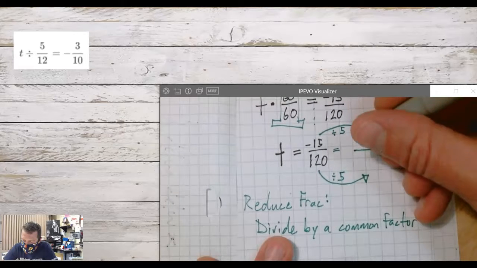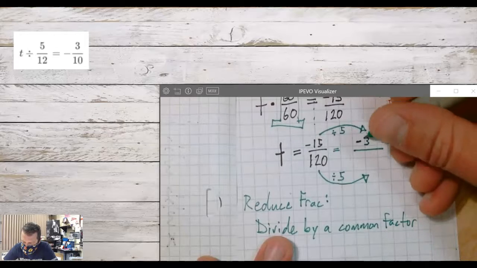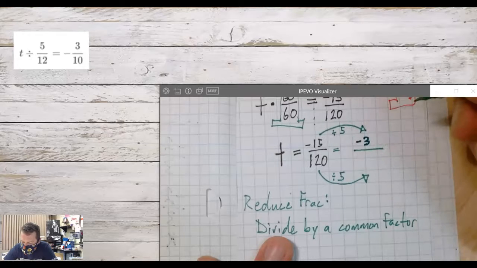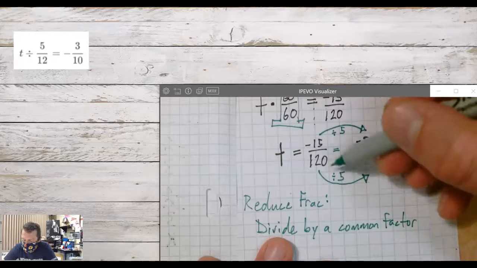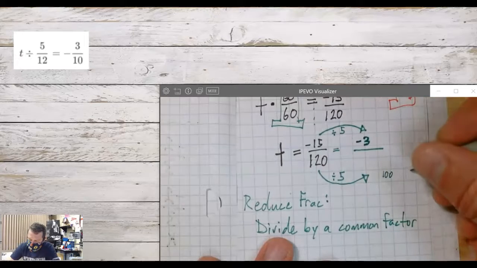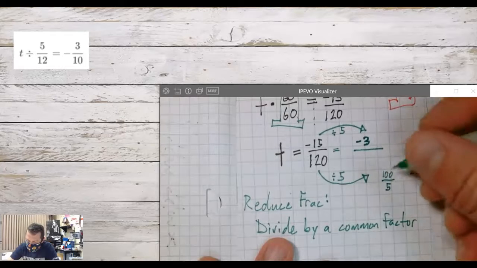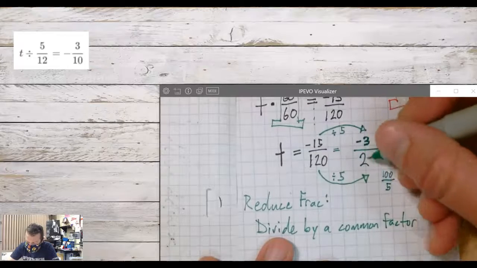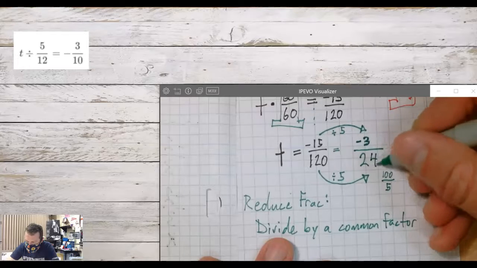So negative 15 divided by 5 is going to give us 3. 120 divided by 5, man, break that up. I'm going to make my 120 into 100 plus 20. So 100 divided by 5 would be 20, but then 20 divided by 5 would be 4 more.